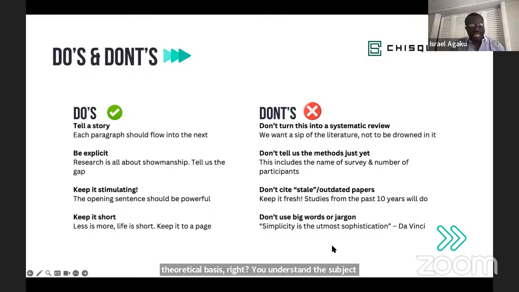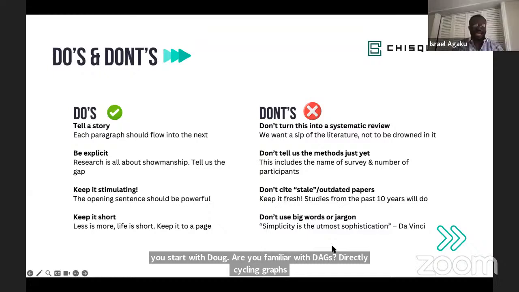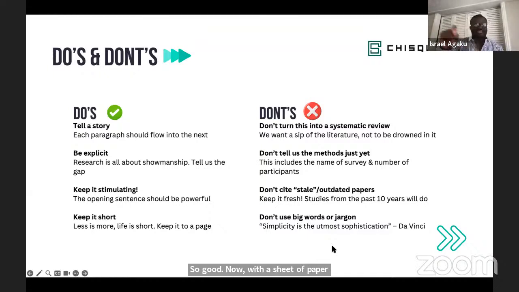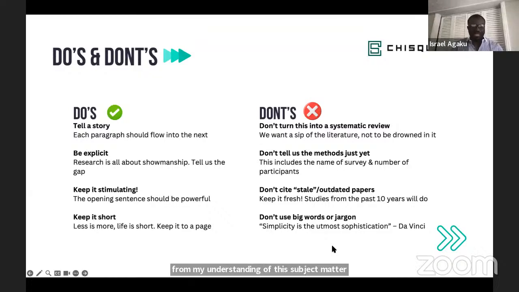So you start with a DAG. Are you familiar with DAGs? Directed acyclic graphs. Yes. So good. Sit down with a sheet of paper and a pen and draw DAGs and say, all right, here's the exposure, here's the outcome. From my understanding of this subject matter, here are the variables that I can conceptualize that are associated with the exposure and the outcome.